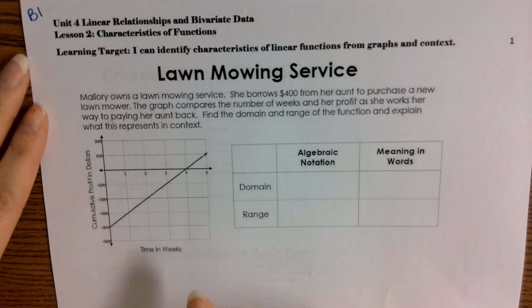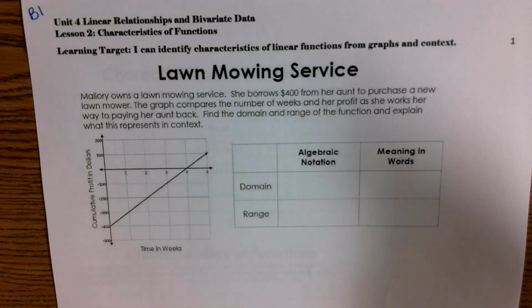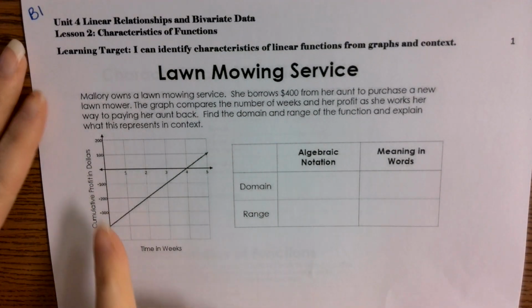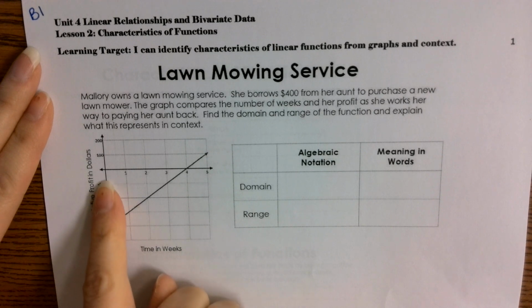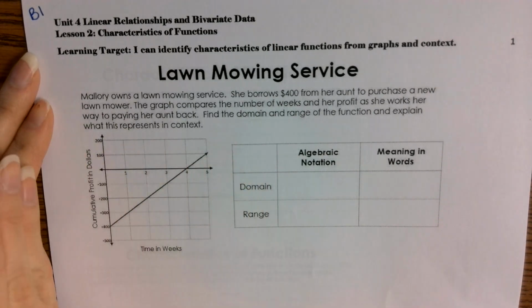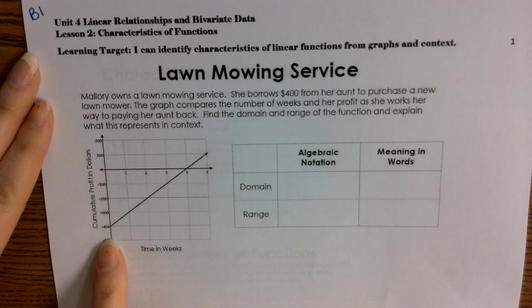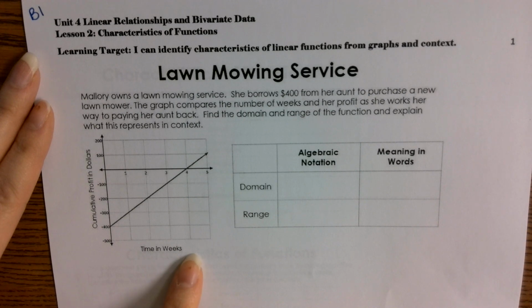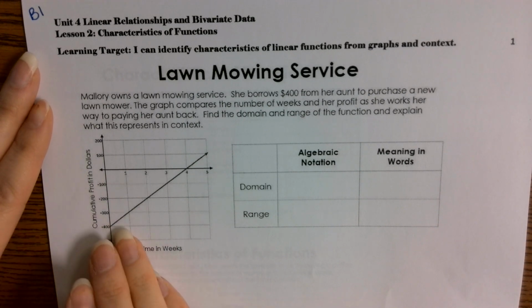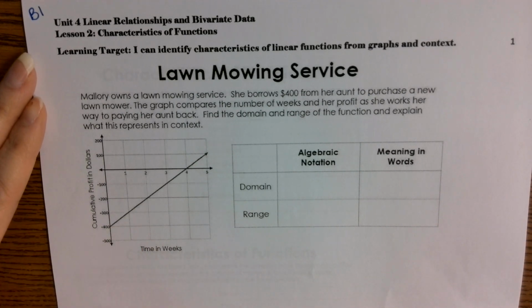What's the smallest point our domain, our x value, can be? Andreas? 0. The minimum value that our domain can be, which is located right here, that's as far to the left as our graph is going to be able to go, is 0. Because you can't have negative weeks, can you? So 0 is the minimum value that it's potentially able to be.